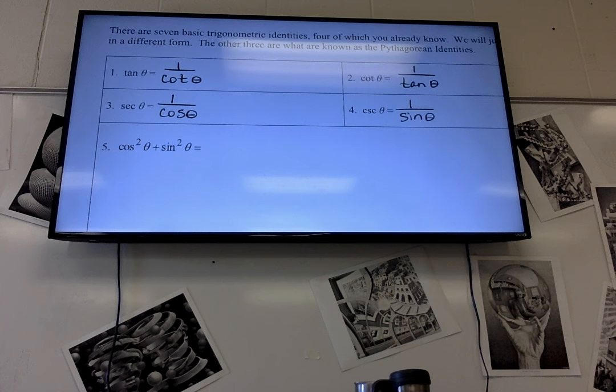So, tangent can also be written as, instead of y over x, since the y coordinate is sine and the x coordinate is cosine, sine over cosine. They're equivalent. So if you took the tangent of 30, and then you took the sine of 30 and divided by the cosine of 30, you'd get the exact same thing.